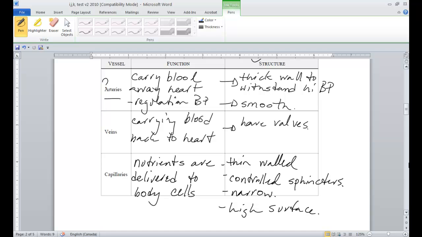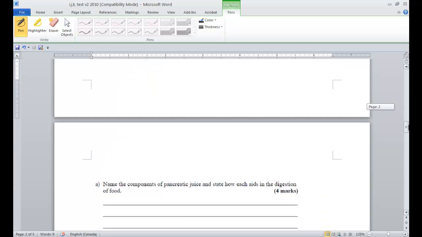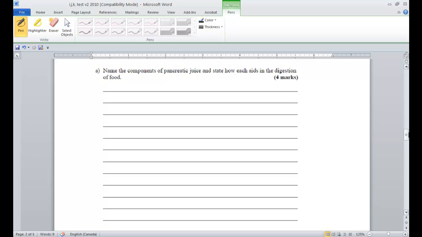Okay, next one, pancreatic juice. Have to say, pretty disappointed in this one, as we had spent a lot of time reviewing the enzymes, and we said know the components of pancreatic juice. Didn't really see this exhibited in the test. I saw that you had some ideas, but you didn't know, and that was the disappointing part.